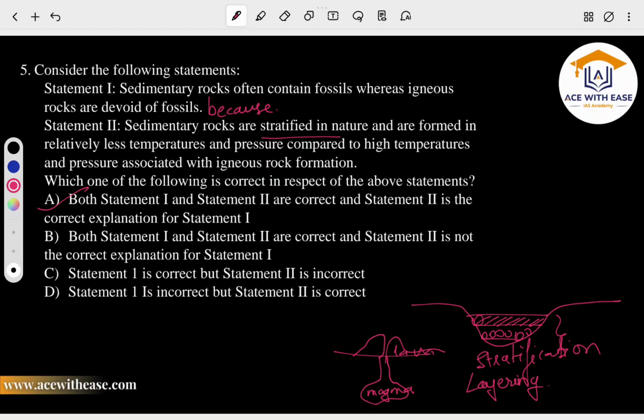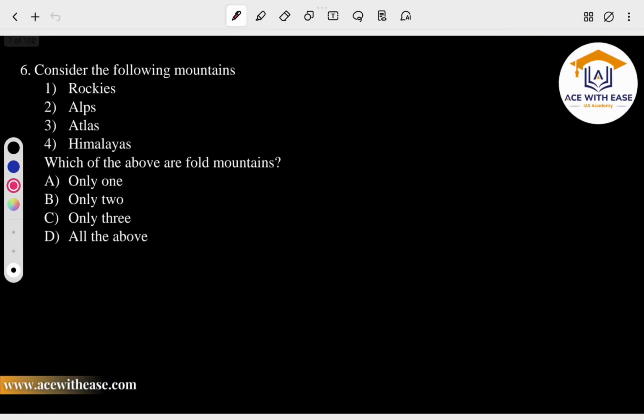Next, which of the following mountains are fold mountains? You can see the mountains: Rocky Mountains, Alps, Atlas, and Himalayas. All these are considered fold mountains, and they are present in different regions.